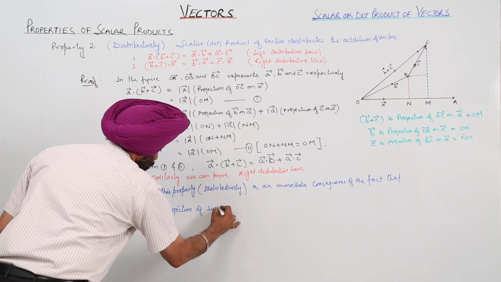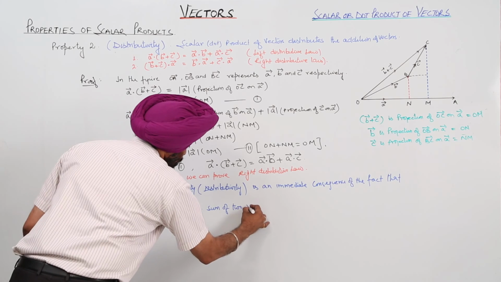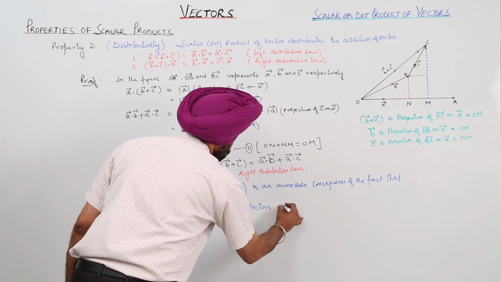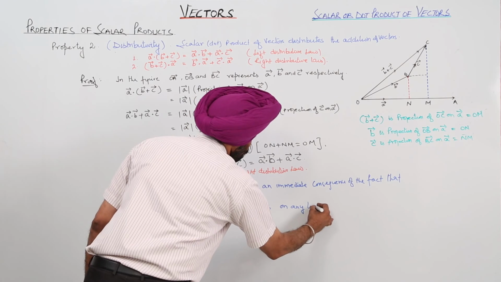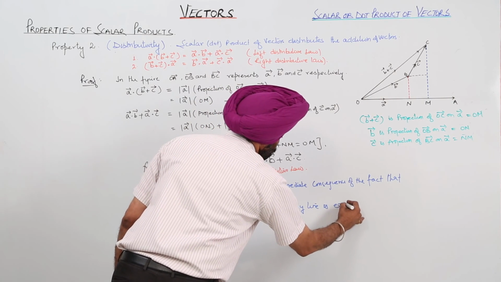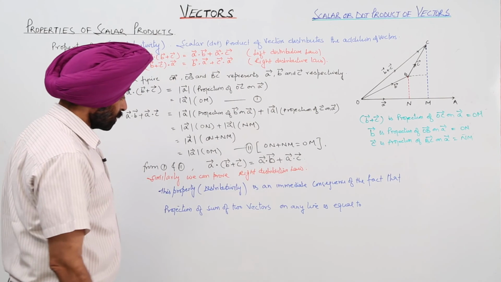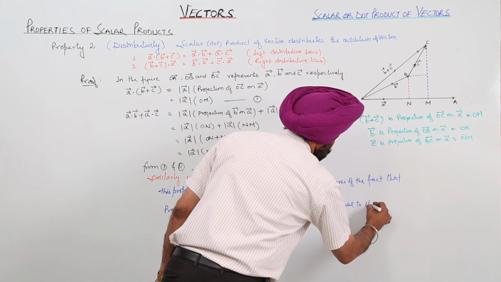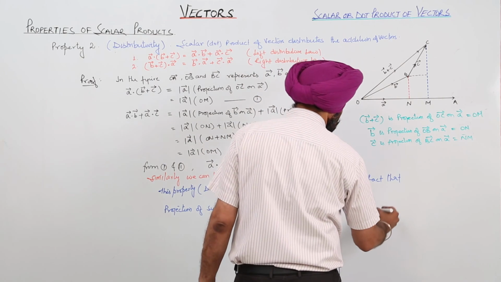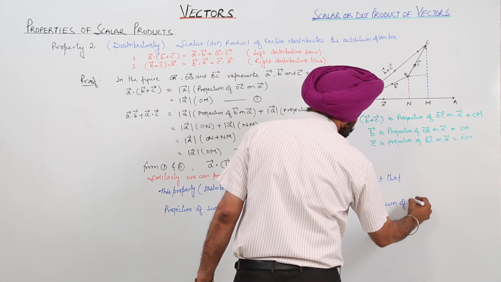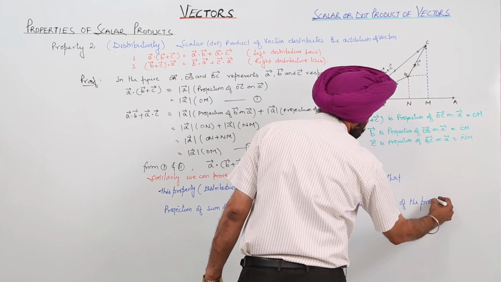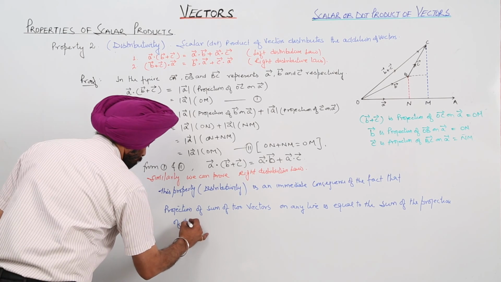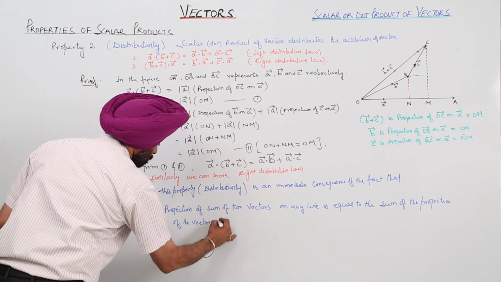So now we can write it: the projection of the sum of two vectors on any line is equal to the sum of the projections of the vectors on the same line.